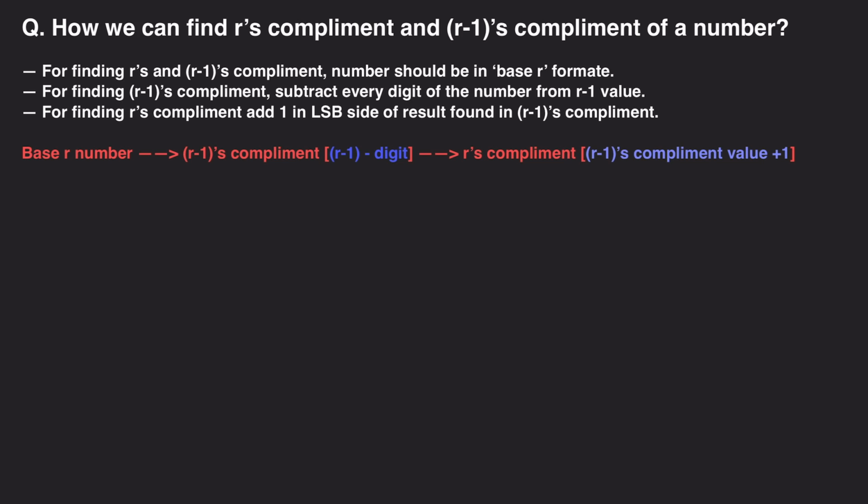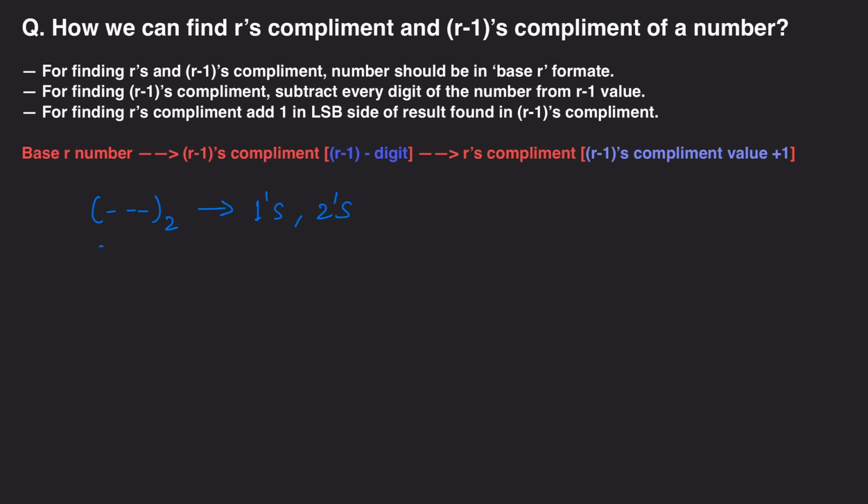So for finding r's complement and r minus 1 complement, we have to keep three rules in mind. First rule: for finding r's and r minus 1 complement, the number should be in base r format. What does this mean? If our number is in base 2 format, we can only find one's complement and two's complement.